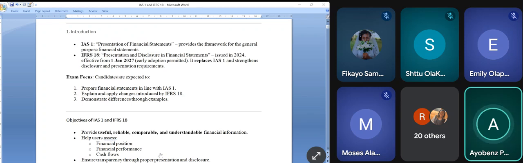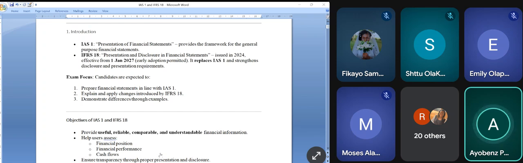The only thing that is now in IFRS 18 is what we call presentation and disclosure. In other words, under IFRS 18 now, you are going to do your presentations and then you are going to give us disclosures. Disclosure simply means the notes to the accounts. You are going to make it more comprehensive than it used to be.